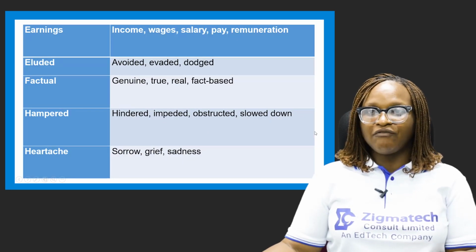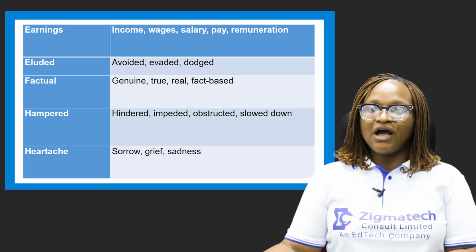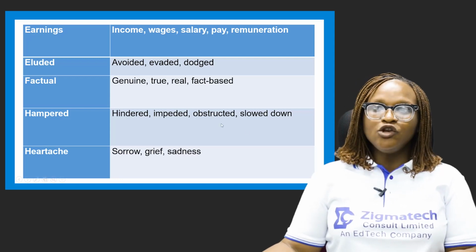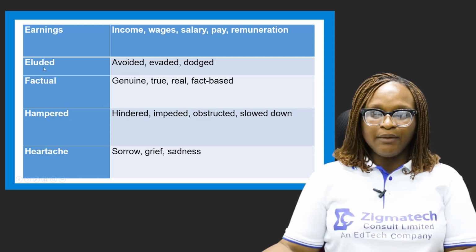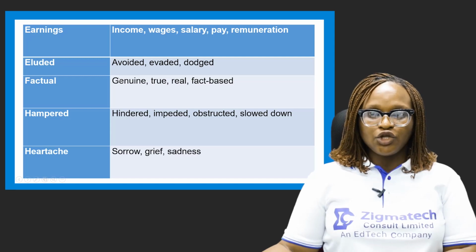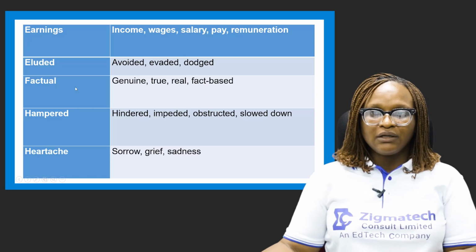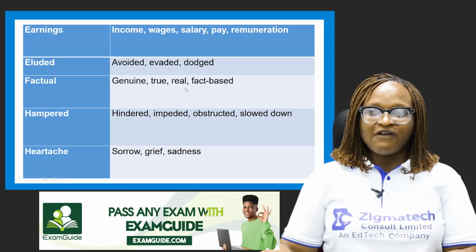We have earnings, income, wages, salary, pay, remuneration. Then eluded, you see, is a verb. All the options we have as synonyms are all in the verb past form. Factual means true, real, fact-based.